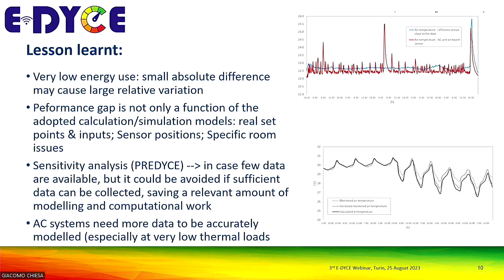Another aspect that we found is related to the air conditioning system. We have standards at international level which are quite accurate in predicting the performance of the system, at seasonal level or instantaneous level, for COP or EER. But in practice we cannot apply these standards because there are no data provided by the manufacturer, so we have to rely on very simple data.